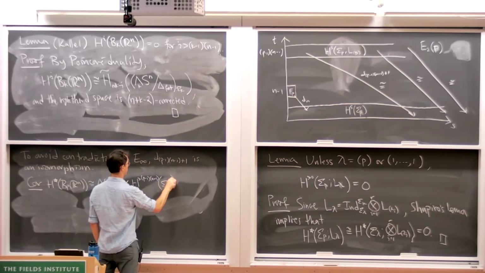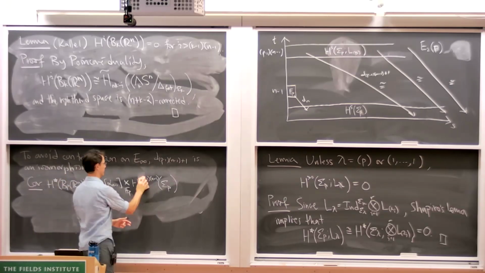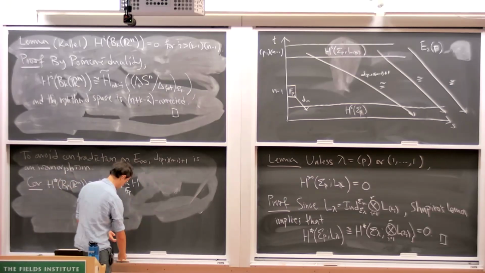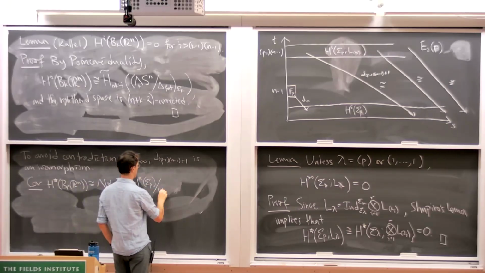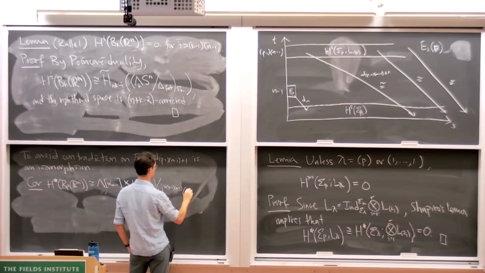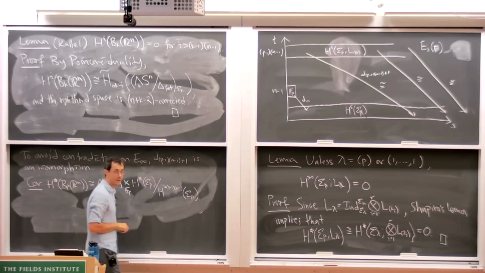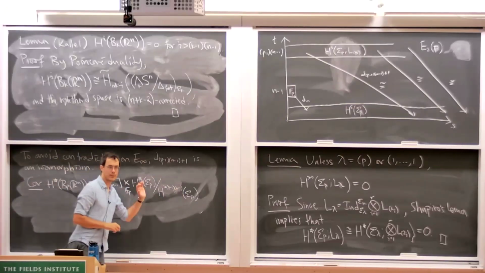Or sorry, the quotient by that: cohomology of sigma p modulo the ideal of elements in that degree and above, which again is something that Nakaoka tells us.